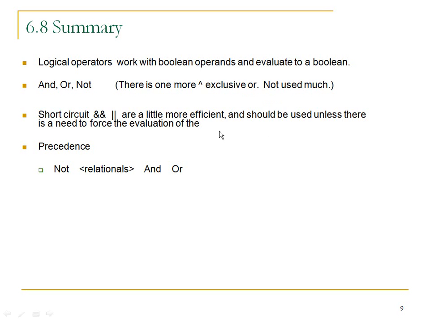I got tired and didn't type that apparently. And the precedence issues. Not happens first. It's a unary operator, high precedence. Relational operators, then and, then or. So and has precedence over or, and that's the one that people mostly don't do correctly.